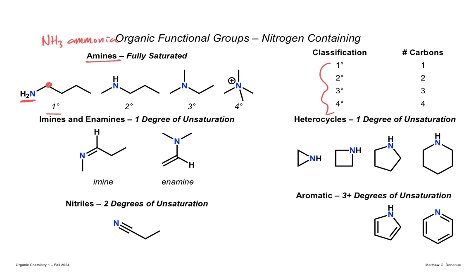So that's primary. If we shuffle that nitrogen into the chain, we see now that there's 2 carbons, so that's secondary. If we make an isomer, there's 1, 2, 3 carbons, so that's tertiary.